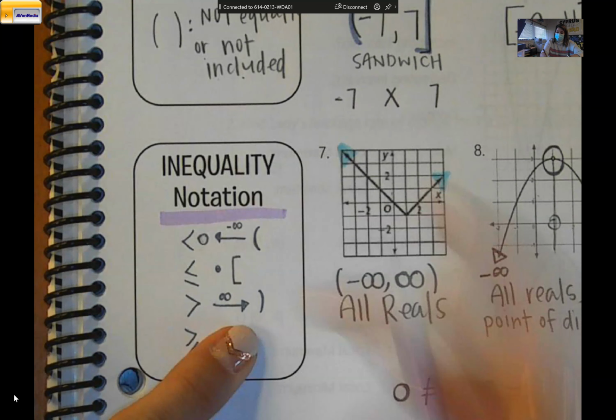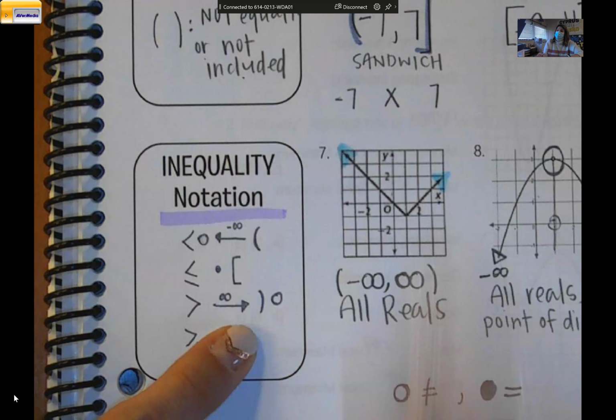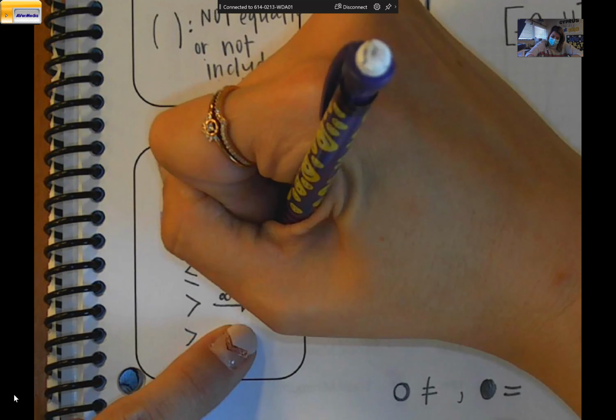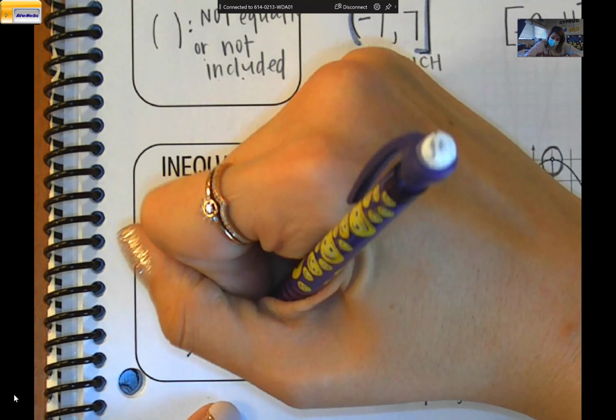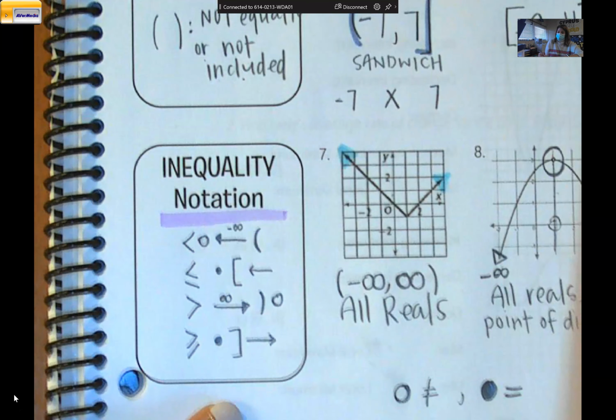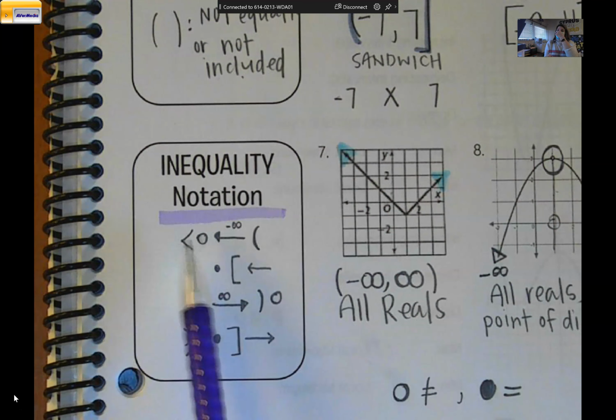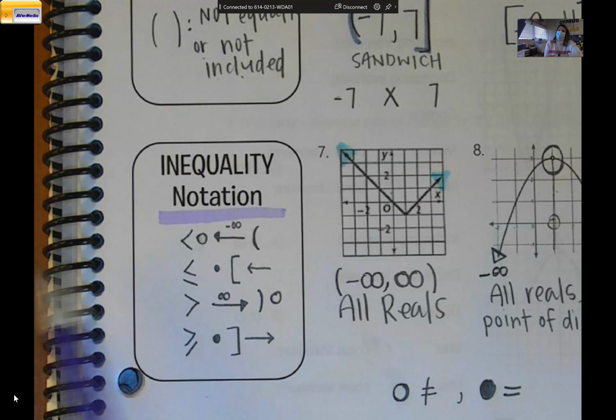Which means on this one, it could also be an open point. This one could be a left-hand arrow. This one could be a right-hand arrow. Either way, your symbol is pointing in the direction of the arrow, if you have an arrow.